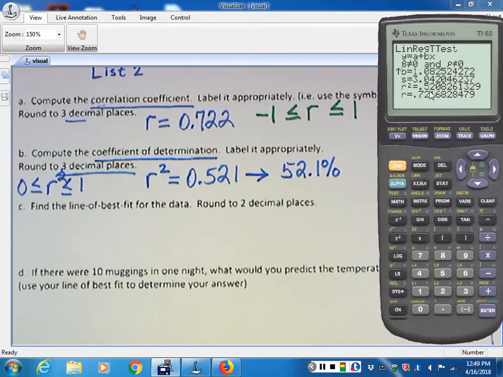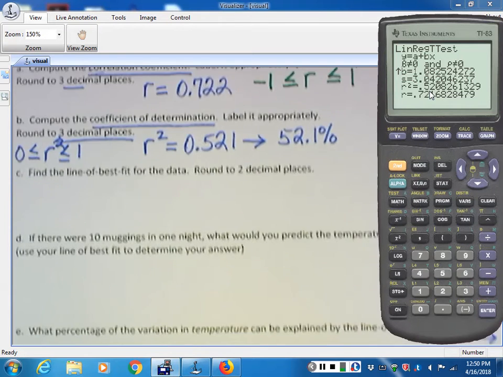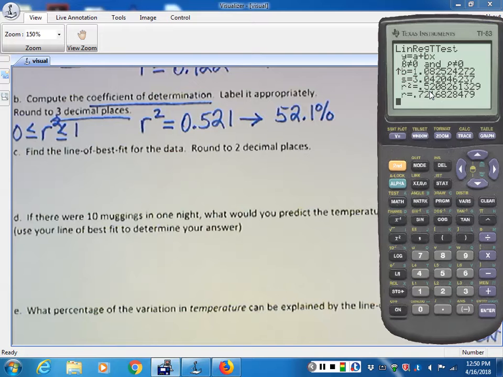Even though R can go down to -1 and up to +1, R squared is going to be somewhere between 0 and 1, or 0% and 100%. Okay? And we will talk next class about what R squared actually tells you.